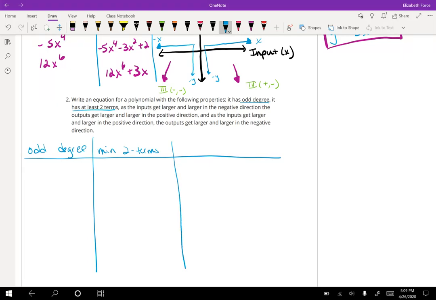And as the inputs get larger and larger, okay, so now we're talking about end behavior. So I'm going to highlight this. As the inputs get larger and larger in the negative direction, the outputs get larger and larger in the positive direction. So let's visualize that.